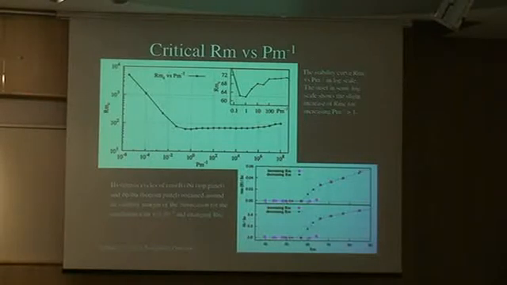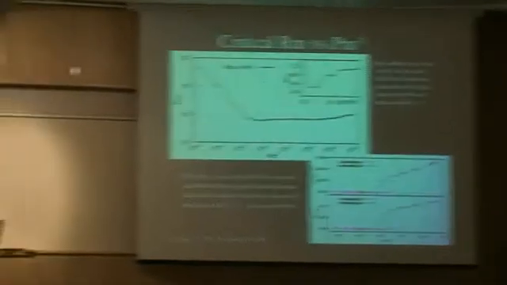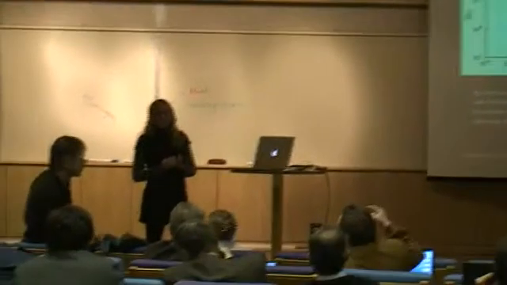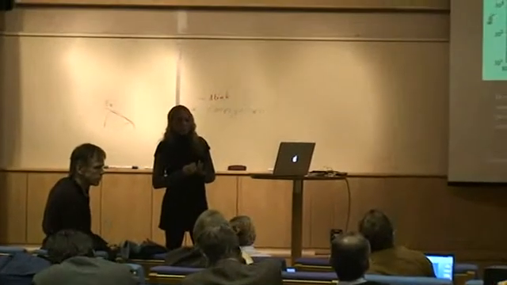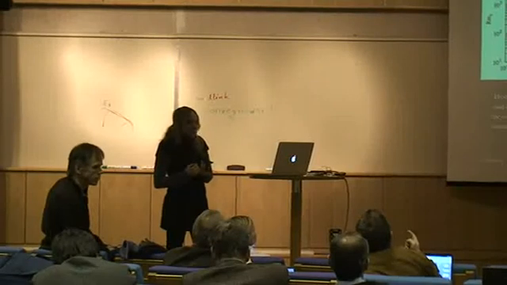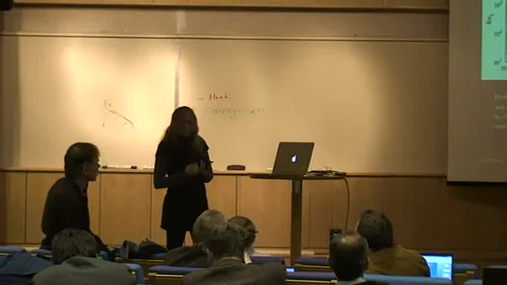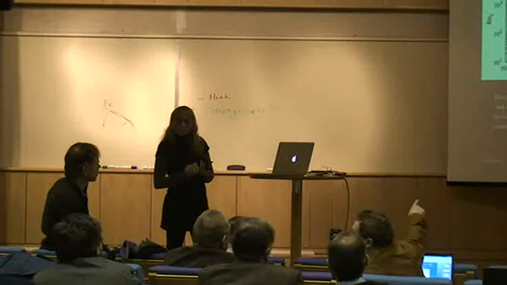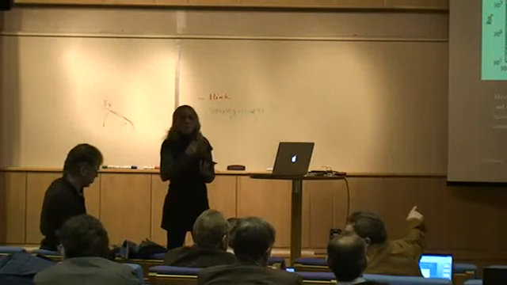So this result is also in disagreement with numerical simulations. When you decrease the magnetic Prandtl number, the critical magnetic Reynolds number should increase. It does. And here, it's minus 1 plotted. Right, it's the inverse of the magnetic Prandtl number.